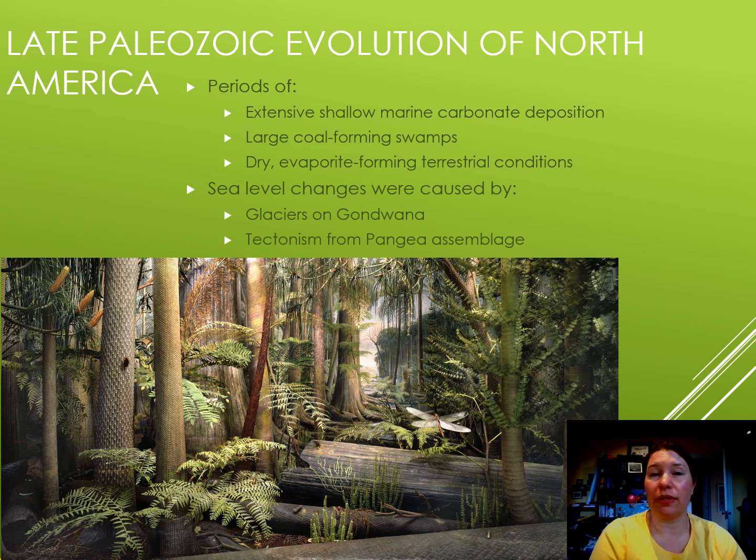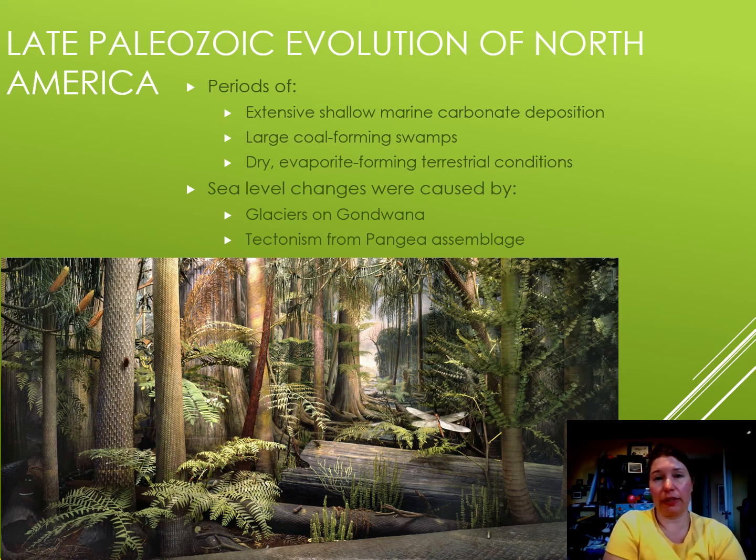We're going to see a lot of sea level changes. The Paleozoic is marked by a lot of sea level changes, partly glaciation. So as continents have moved further south, encircling the South Pole, like Africa and South America, Antarctica, Australia, and India, all continents of Gondwana, those are going to start to get glaciers, as we saw with the end of the Ordovician period, where we had glaciers growing once we had a continental mass big enough to support ice sitting on one of the poles, again, the South Pole.